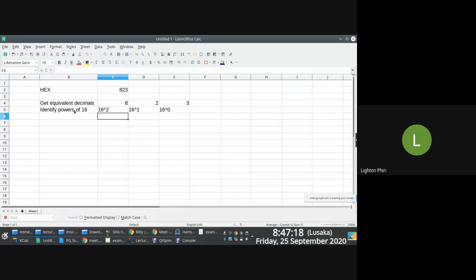So you get the result of 16 to power 0, 16 to power 1, we know that 16 power 0 is 1, 16 to power 1 is 16, 16 to power 2 is 256, right? Evaluate powers of 16.